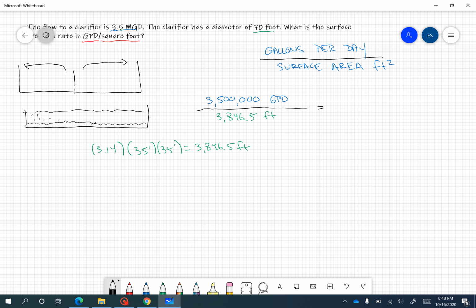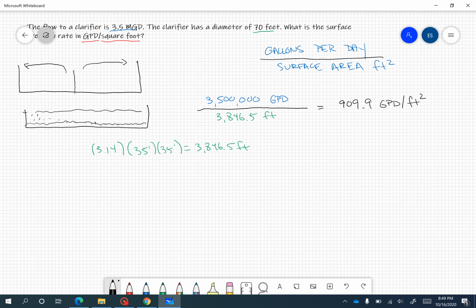We do one more division problem. And we get 909.9 gallons per day per square foot.